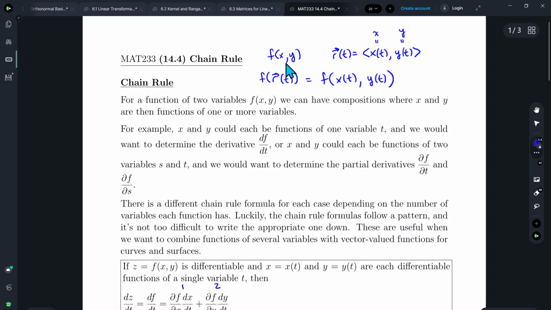Geometrically, the function f of x, y represents a surface, and the vector valued function r of t represents a curve. By doing this substitution, essentially what you're trying to do is trace out the path of a curve within the surface that's represented by the graph of f of x, y.